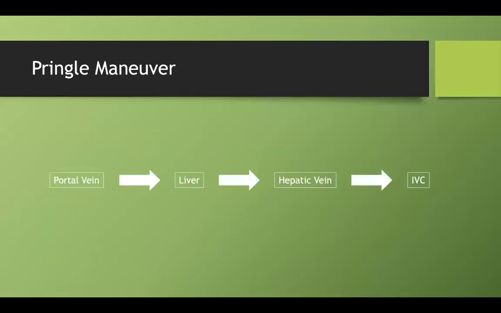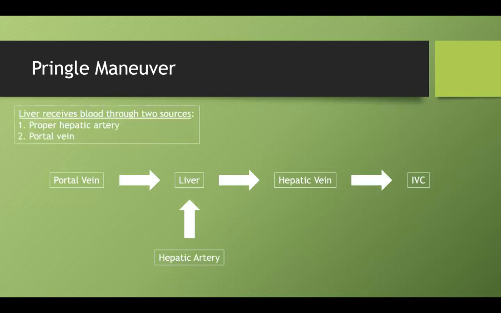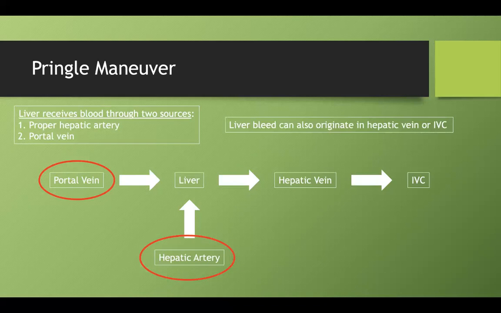So I'm going to draw our framework that we just used for Budd-Chiari syndrome and right heart failure and portal vein thrombosis. But I just want to remind us that in addition to the portal vein draining to the liver, we also have the hepatic artery. So it receives blood through these two sources. But keep in mind that if there's a liver bleed, it doesn't necessarily mean it has to come from these two sources.